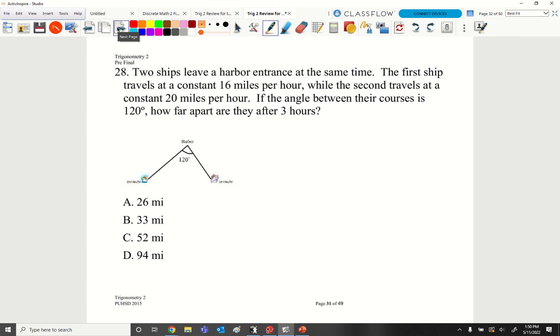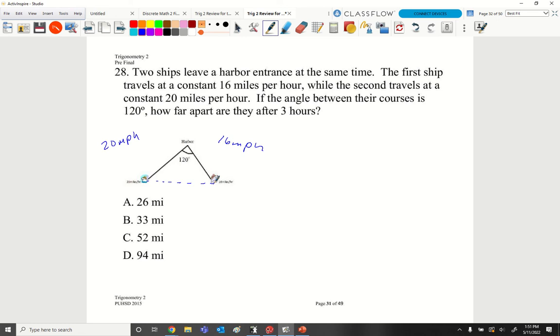Number 28. This is like a problem that we had on the test. It said, how far, from my first one, is this the 20? Yeah. So this is 20 miles per hour. This one over here is 16. And it says, how far are these apart after 3 hours?